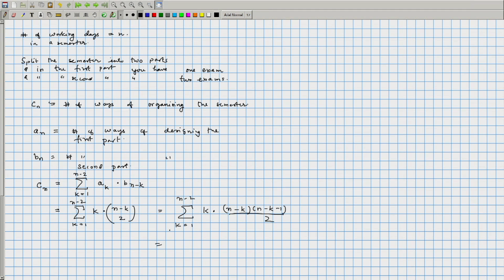So, you can expand out the terms, n is fixed. So, you can take n outside. There are going to be 6 terms in the expansion. You can expand out the terms and you will have k raised to 1 and k square and k cube appearing. You can sum it up and you will get some closed form solution.